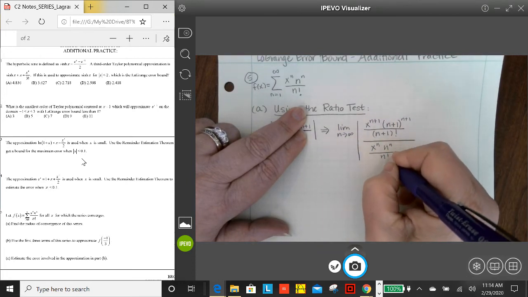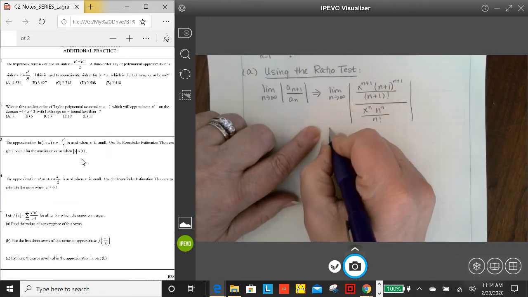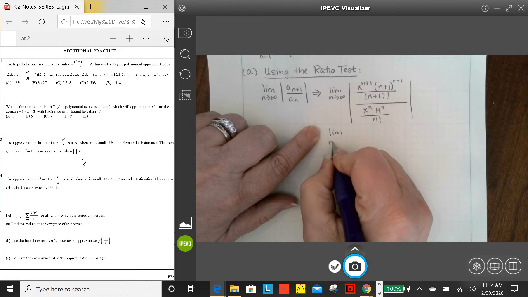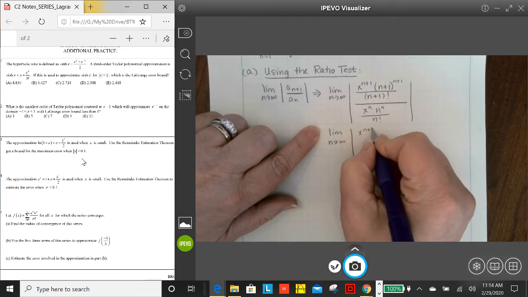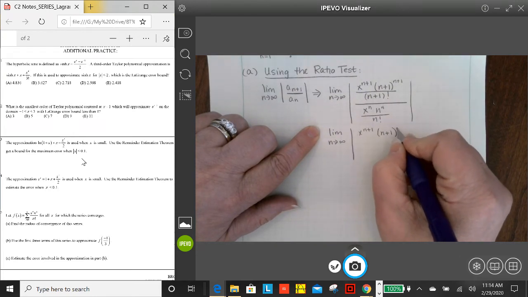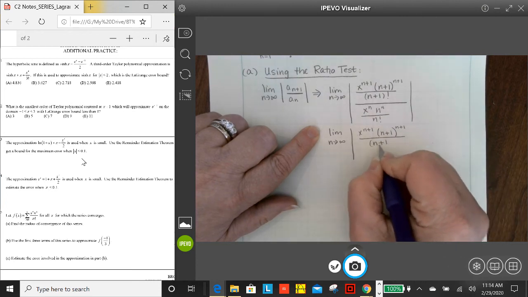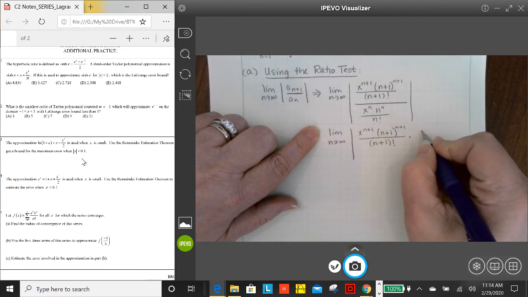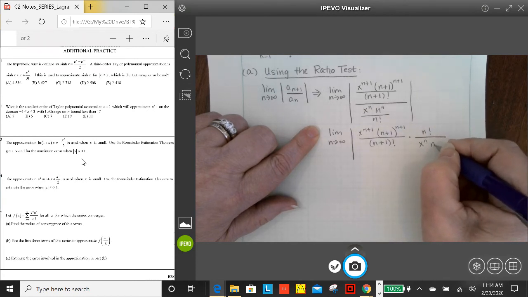And then I'm going to do the algebra where I reciprocate the denominator when I'm dividing. So this is the limit as n goes to infinity of the absolute value of x to the n plus 1 times n plus 1 to the n plus 1 over n plus 1 factorial, times n factorial over x to the n times n to the n.